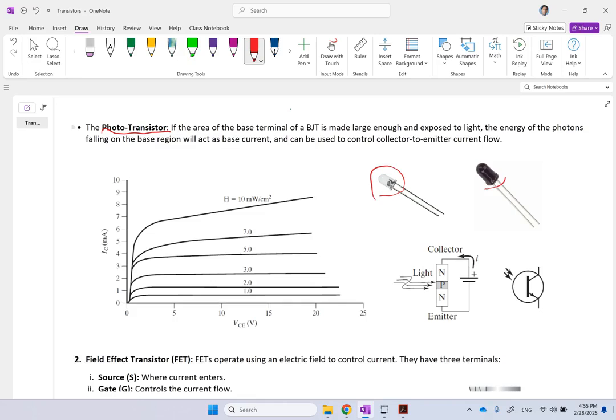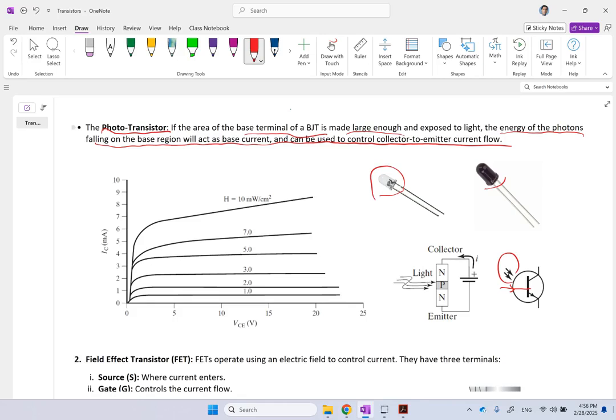This is where the base terminal, the basically switching terminal of it, is so large that in order to make the switch on and off, you don't need to send it current. Instead, you just shine light at it, expose it to light. And the energy of the photon that it receives is enough to create a small current in it and switch it on and off. Okay?